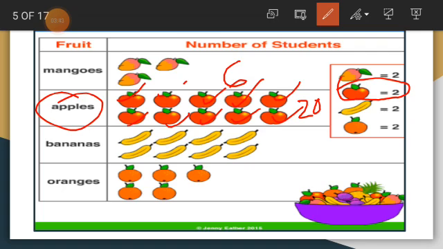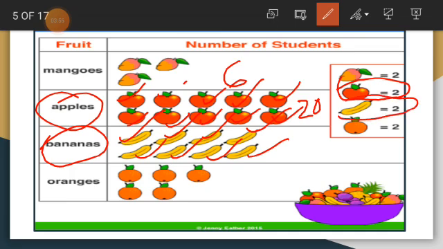Now let's count how many bananas there are. 1, 2, 3, 4, 5, 6, 7, 8 bananas. So 1 banana represents 2 students. So 2 times 8 is, yes, 16. So how many students like bananas? 16 students like bananas.